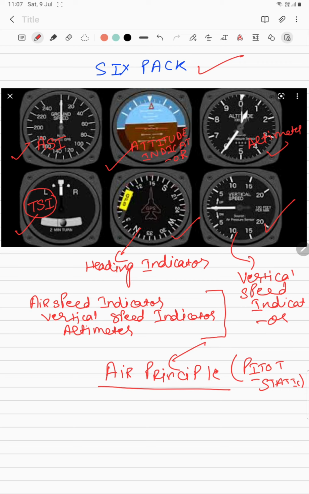Among these instruments, the airspeed indicator, vertical speed indicator, and altimeter work on the air principle, whereas the other three instruments, which are your turn and slip indicator, your heading indicator, as well as your attitude indicator, work on the gyroscopic principle.